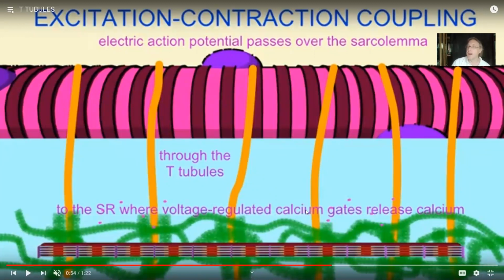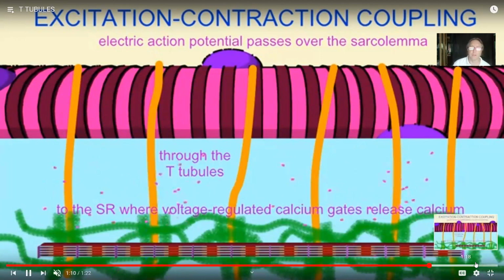Well, there are ion gates, like those which would release calcium, which are voltage regulated. And so when an electrical message reaches them, it changes the voltage, and then they go from closed to open, and then calcium is released. And then, as I had said, the active sites of actin are now open, and then the sarcomeres can contract.